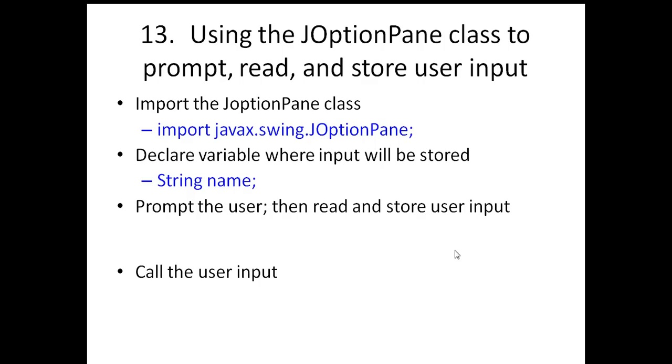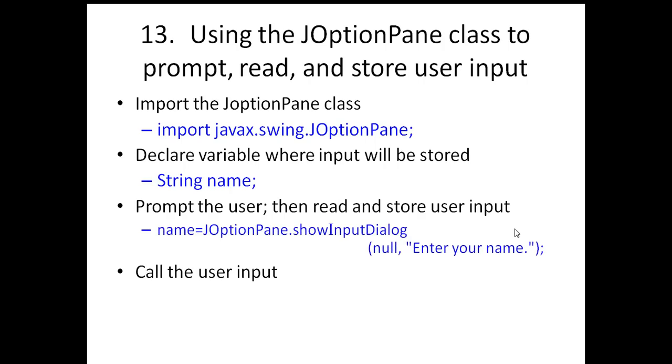Then we are going to prompt the user and read and store the user input, only this time instead of two lines of code, we're going to do one line of code. Before we used a prompt statement, which was a print statement, and then another statement for scan.next, but this time we're going to do it all in one line.